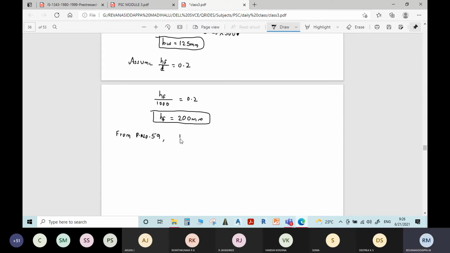M is equal to FPU into AP into D minus 0.42 XU.